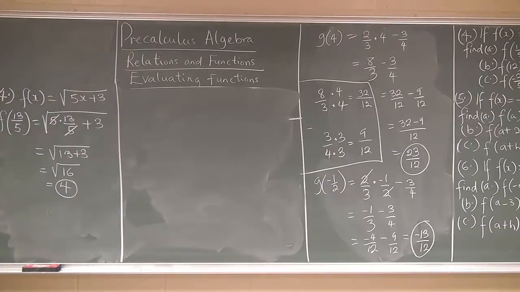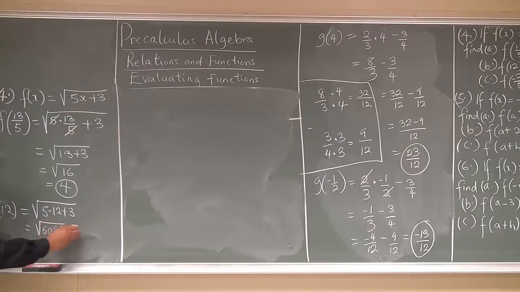Okay? The next one is f of 12. So what is f of 12? F of 12 will be square root of 5 times 12 plus 3. And that will give you square root of 60 plus 3. And that will give you square root of 63. Okay, square root of 63 is what?